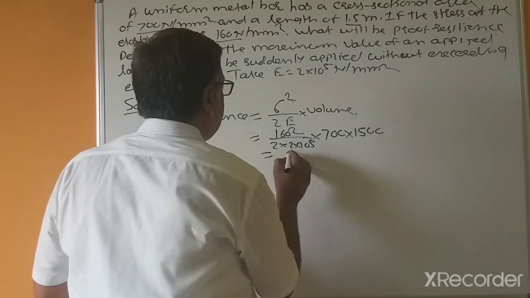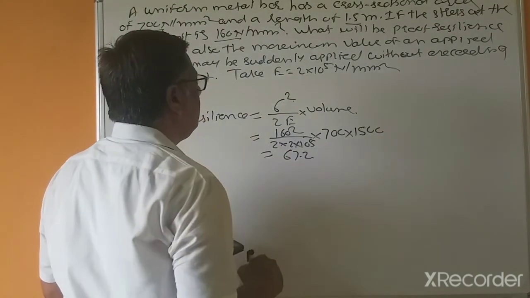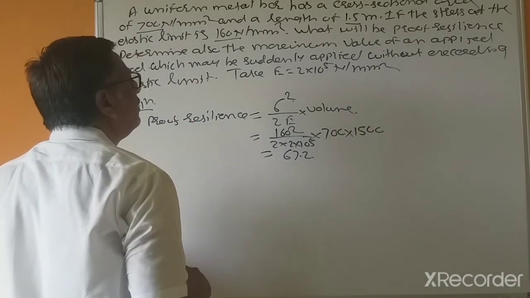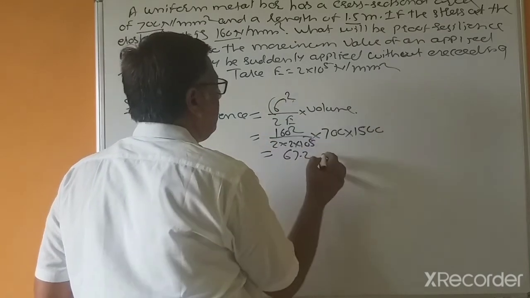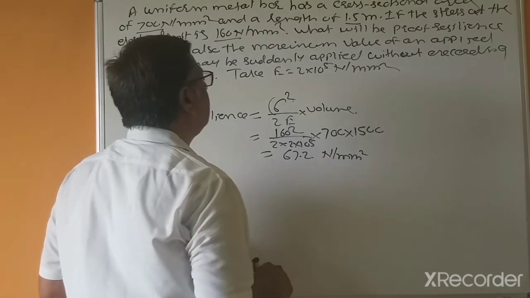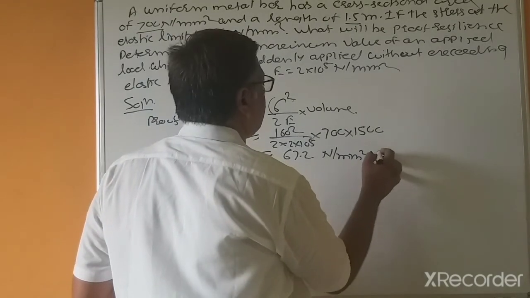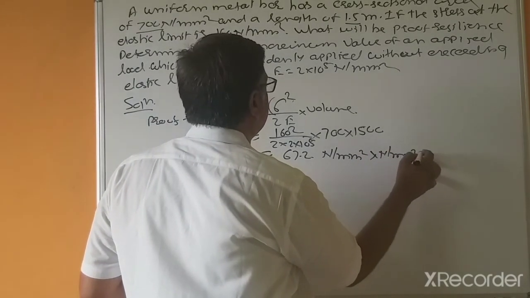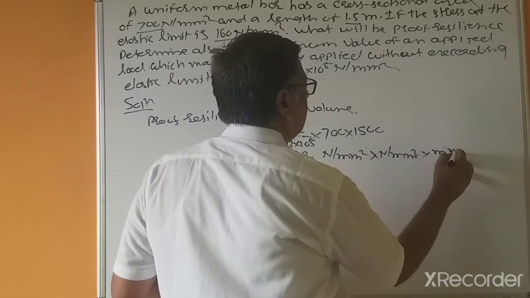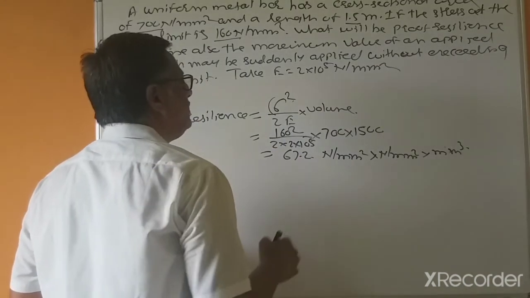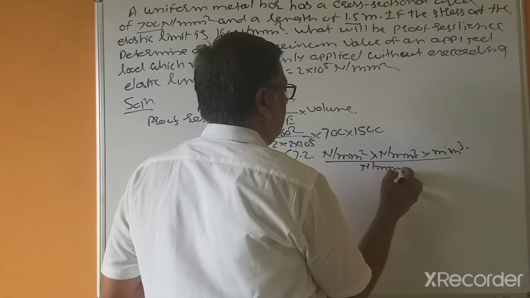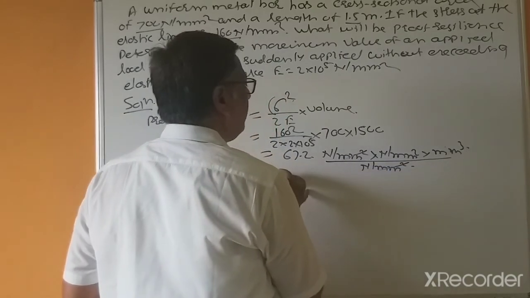So this is equal to 67.2. What is the unit? Sigma squared is Newton per mm squared, E is Newton per mm squared, so this will get cancelled.